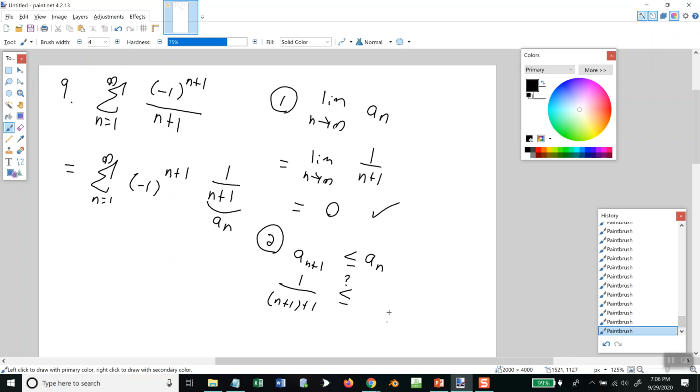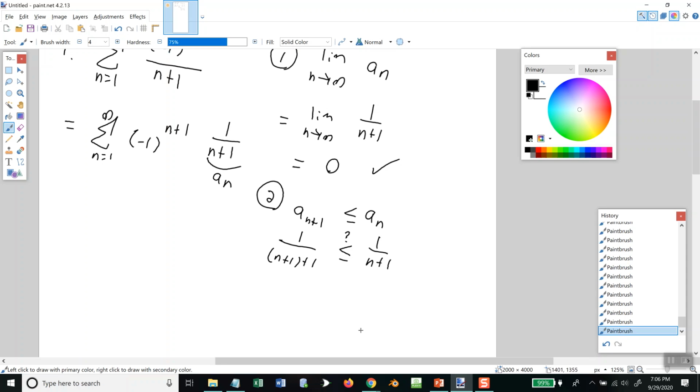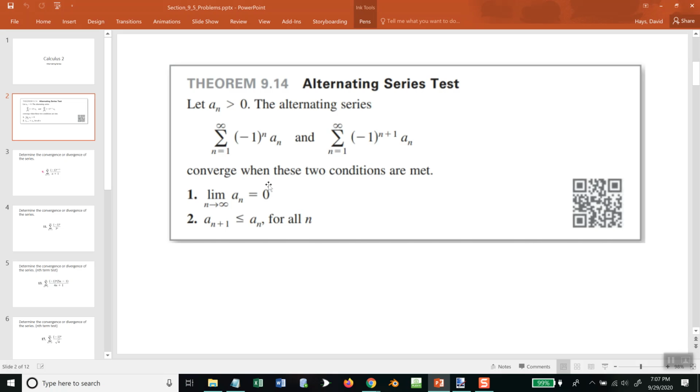We're wondering if that's true, compared to 1 over n plus 1. I think that would make sense because if you keep on increasing the bottom, it's going to get smaller. So this will always be smaller over here, won't it? So yeah, that's met also. Since both those are met, it says it converges.